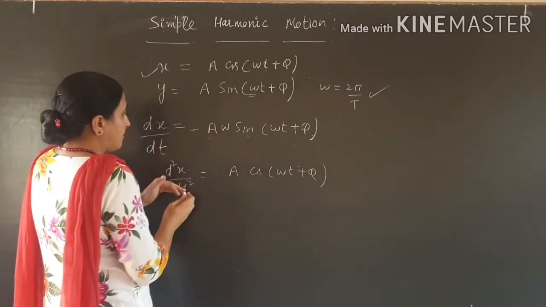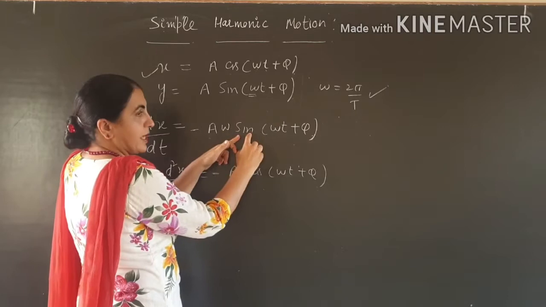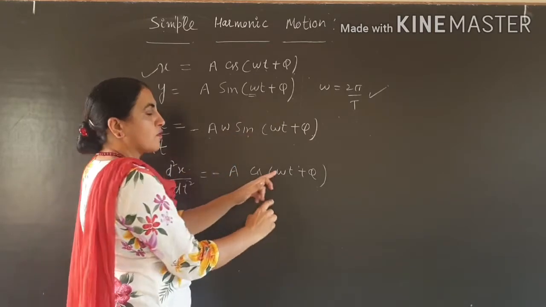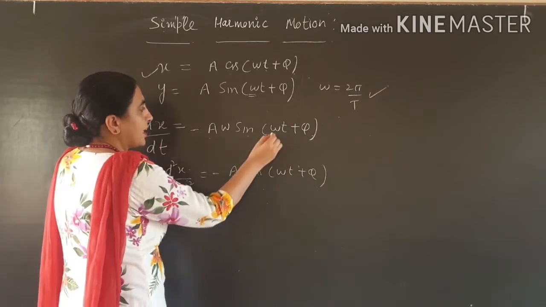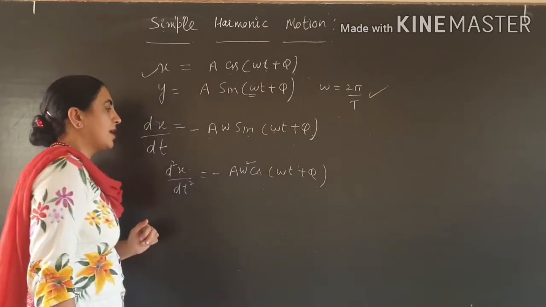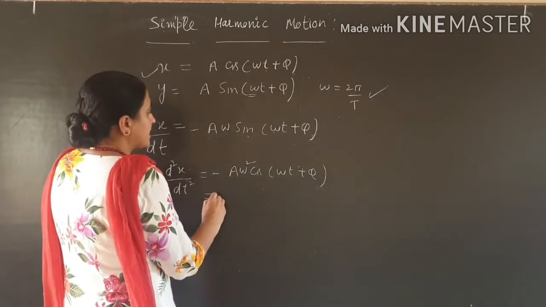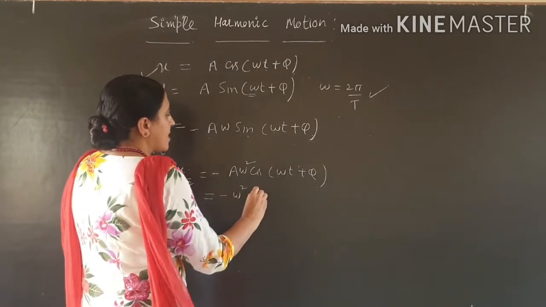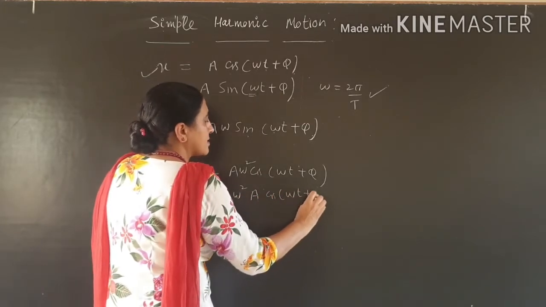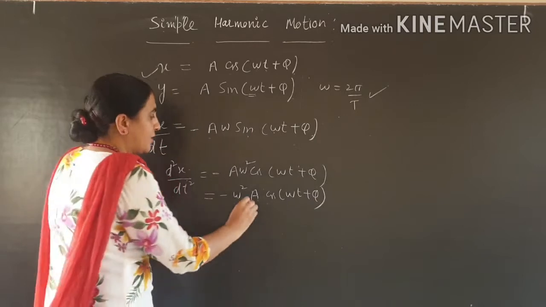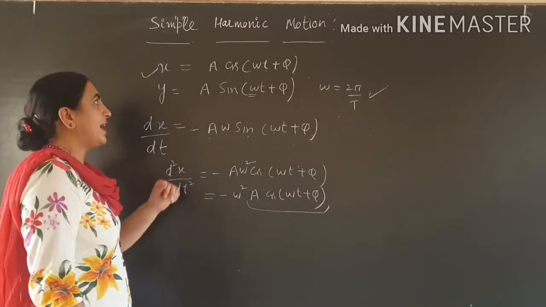Omega is already here, and one omega also comes from this, so minus a omega square cos of omega t plus phi. Can I write it as minus omega square a cos of omega t plus phi? Yes.